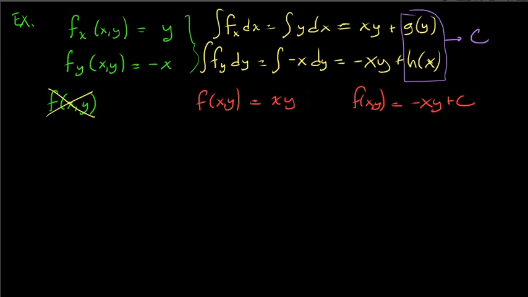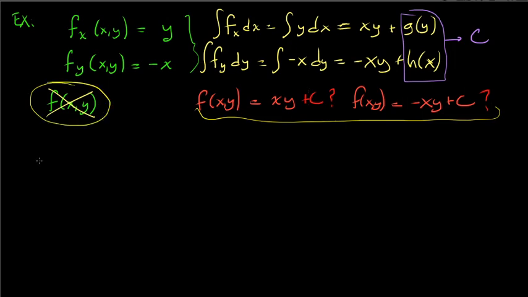Plus c. So which is it? Because it can't be both. You can't have a positive and a negative at the same time. That's the issue. So that's what I claimed before, that there is no such function f that satisfies both of these at the same time.